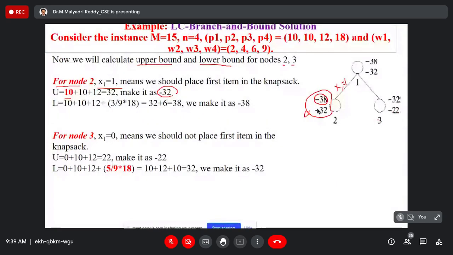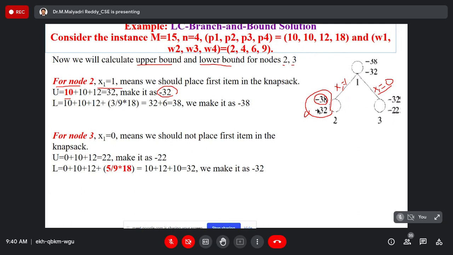Coming to the right child, live node 3. Here x1 is equal to 0, not included. Already with x1 included the value is 32, but here x1 is equal to 0, so from the remaining two objects we take 10 plus 12.